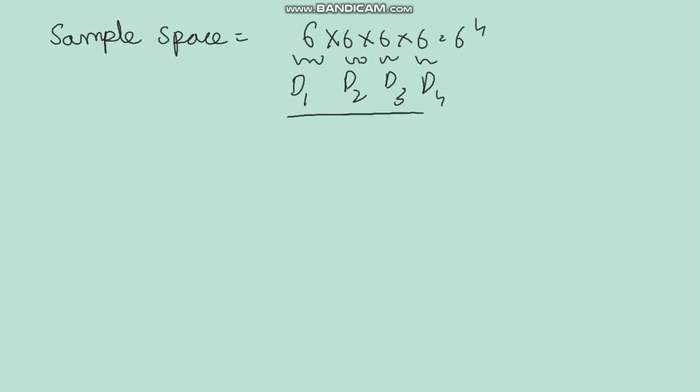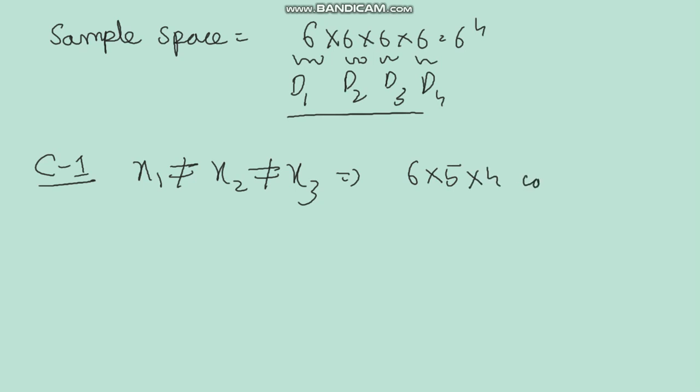Now let's analyze the cases for the solution set. Case 1 states that x1 not equal to x2 not equal to x3. We don't know anything about x4. So here we have 6 into 5 into 4 cases.